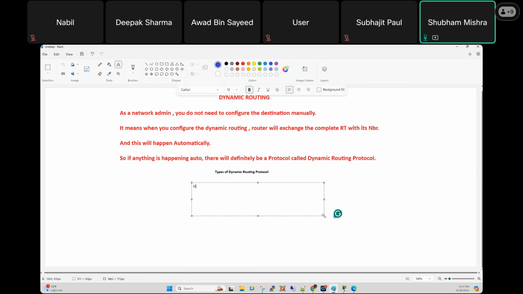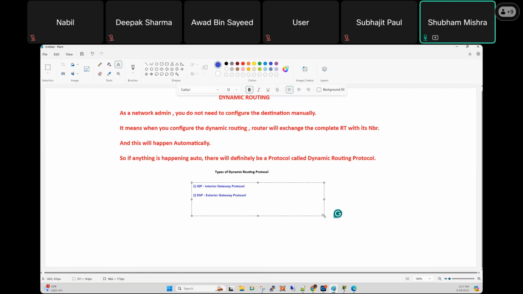What are those, guys? The first one is called IGP. IGP stands for Interior Gateway Protocol. And the second one is EGP. EGP stands for Exterior Gateway Protocol.